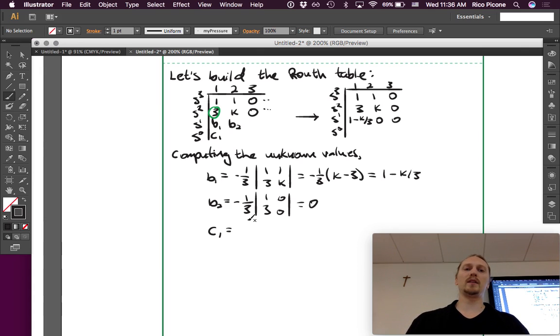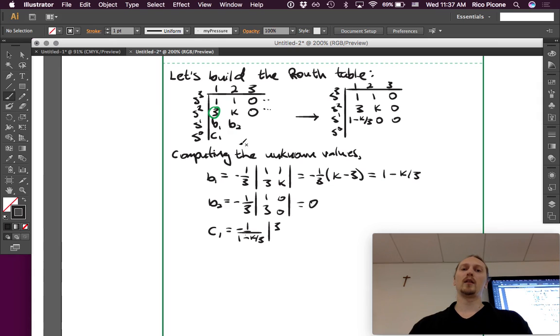All right. Now we have just C1 to compute. C1 is going to be negative 1 over B1, which is 1 minus k over 3. So maybe I'll make that fraction a little bigger. And then the determinant of, so it's actually 3, so we take the one above it.